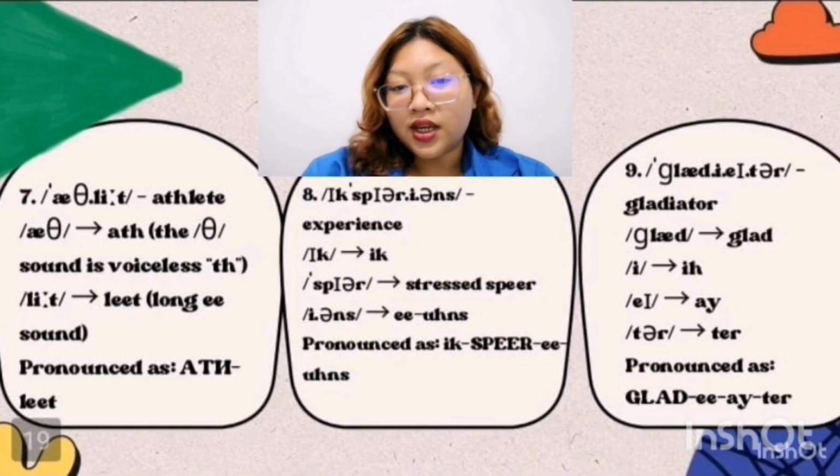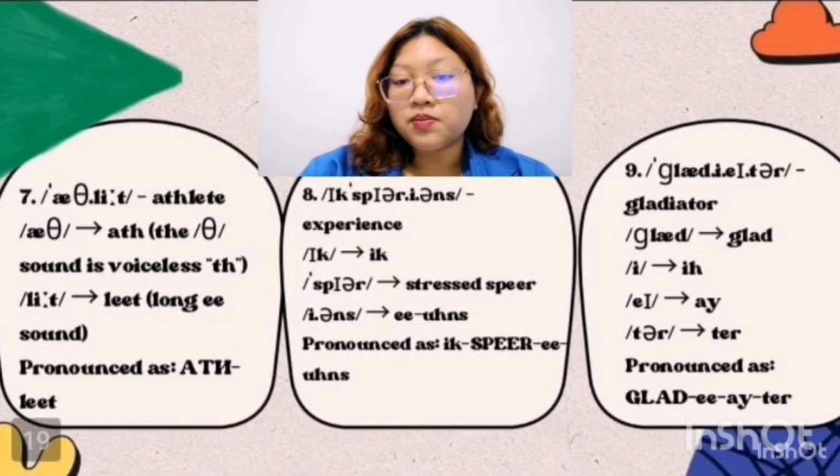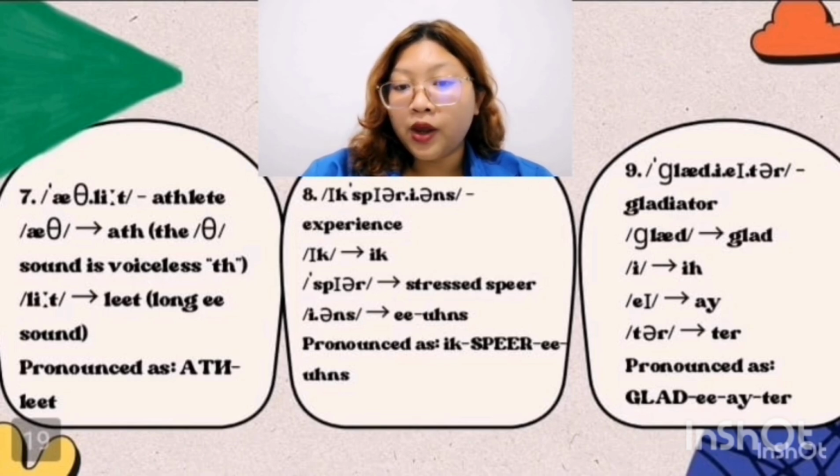Number 8 is experience. The first part is "ik", and the next is "speer" and "ee-uns". So we pronounce it as "ik-speer-ee-uns". Experience.